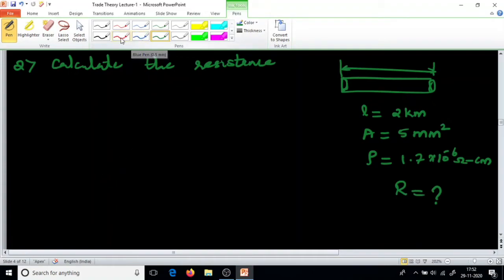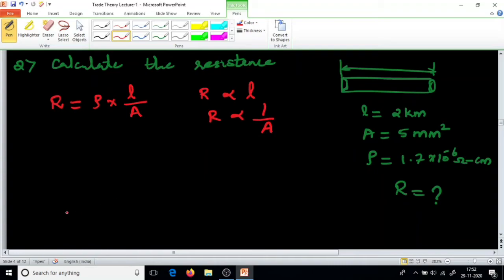Now R equals, what is the resistance equation? Rho multiplied by length by area. If we see in this equation, resistance is directly proportional to L and inversely proportional to A. Now we'll put the values.